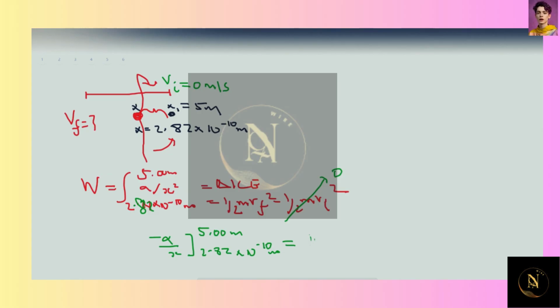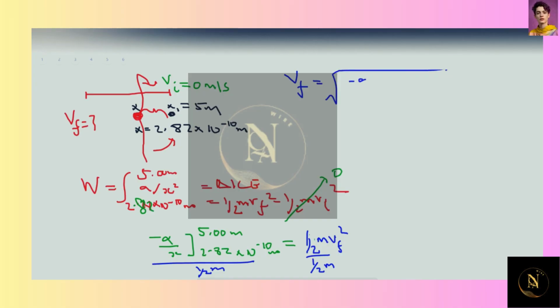So these problems can be long and tedious sometimes because of the algebra, but you just gotta be patient. V final squared. So imagine you're gonna divide both sides by 1/2 m. And that helps us get the value of V final is the square root of negative alpha over x, the integral from 2.82 times 10 to the negative 10 meters up until 5.00 meters.